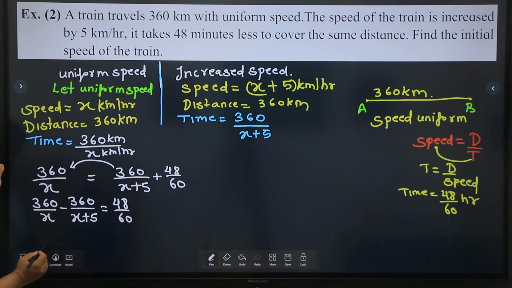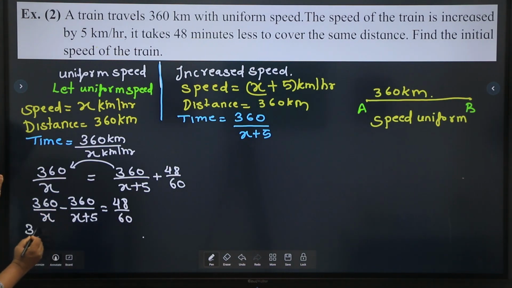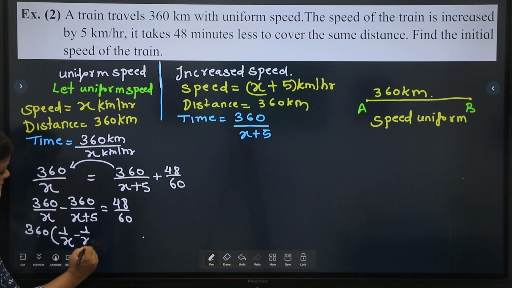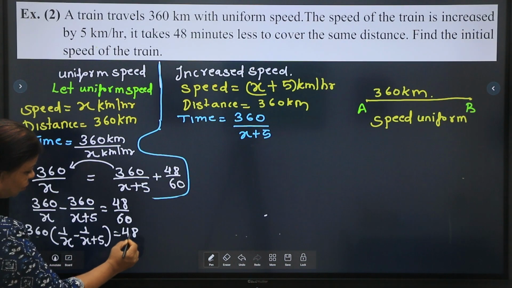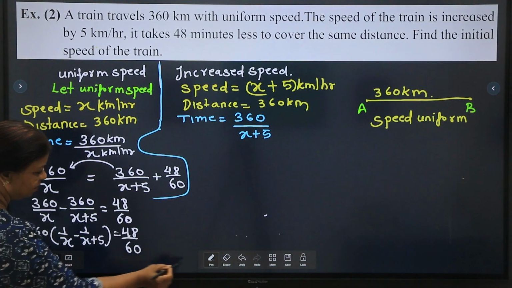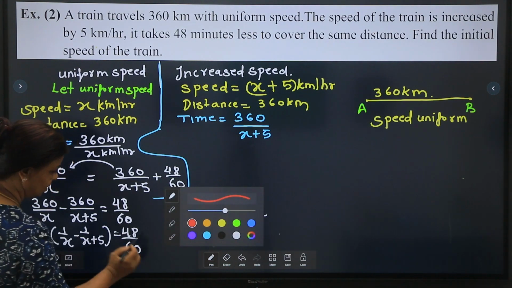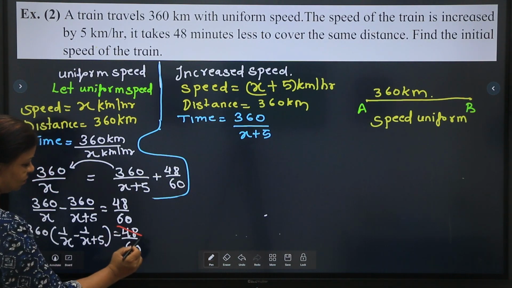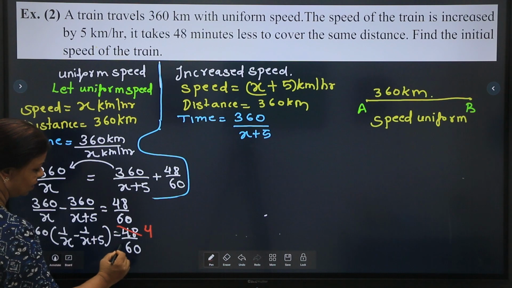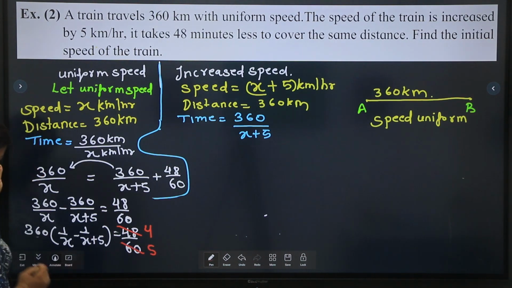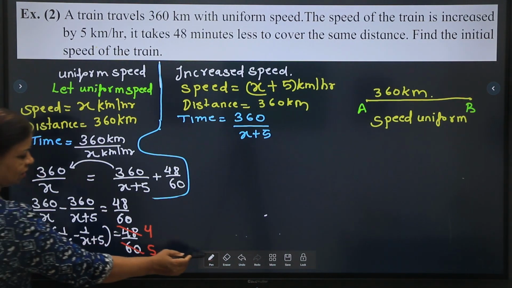Now here 360 can be taken out. So if I take 360 common, I will be getting 1 upon x minus 1 upon x plus 5. 48 upon 60 can be divided by 12, children. 12 4s are 48 and 12 5s are 60. This 360 will come down here.